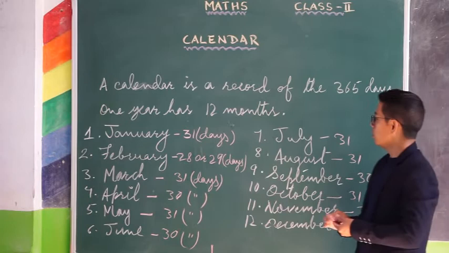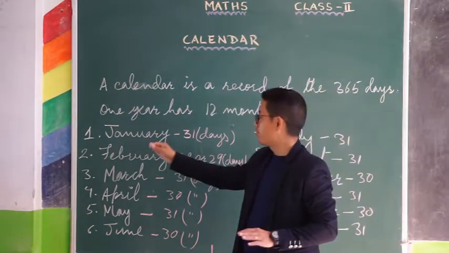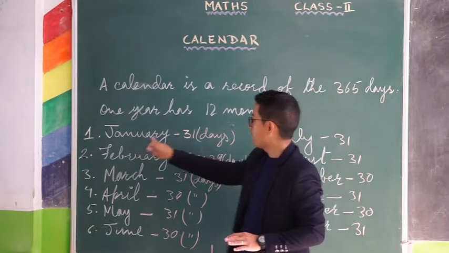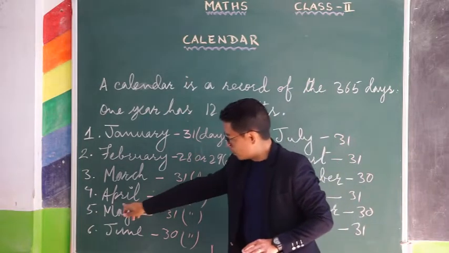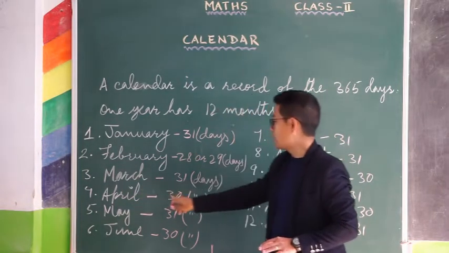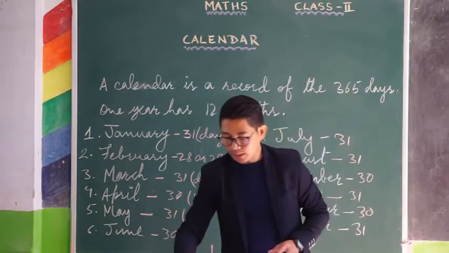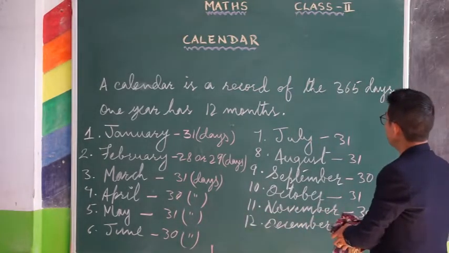Okay, so now you can see different months have different numbers of days. When you see January has 31 days, now when you move on to April, it has 30. Now, to know this, we have got a simple way to remember this.